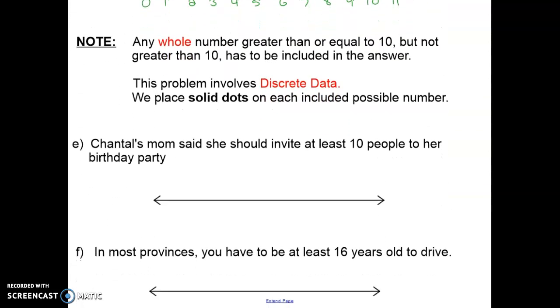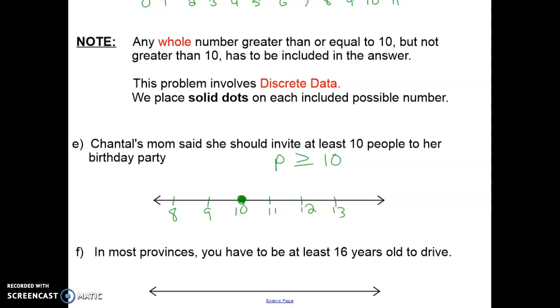Chantal's mom said she should invite at least 10 people to her birthday party. So the number of people has to be greater than or equal to 10. Let's put 10 on, 11, 12, 13, 9, and 8 on that side. Now she can have 10 people to her birthday party, so we're going to put the solid dot on 10. Now, can she have 10 and a half people at her birthday?